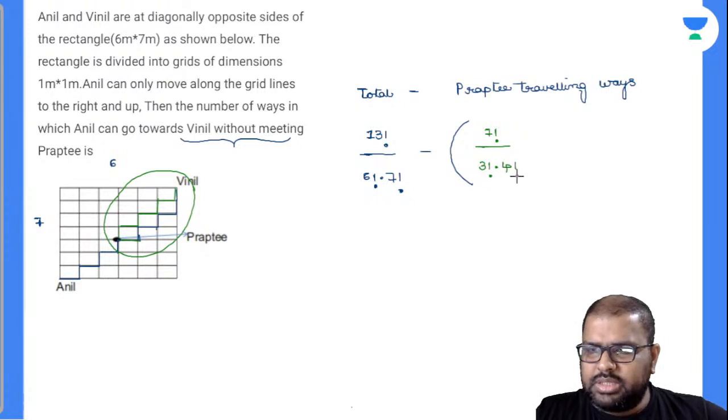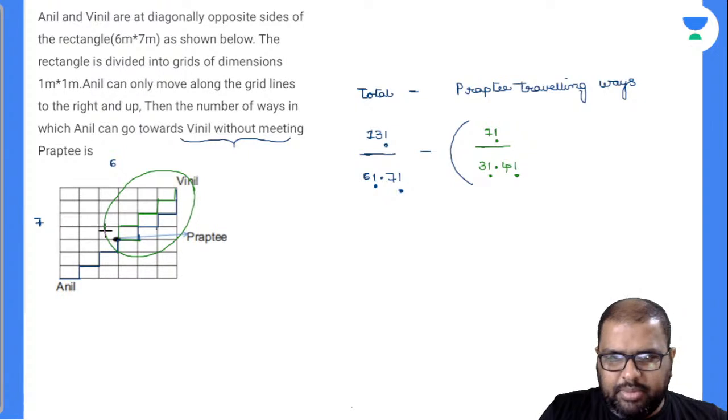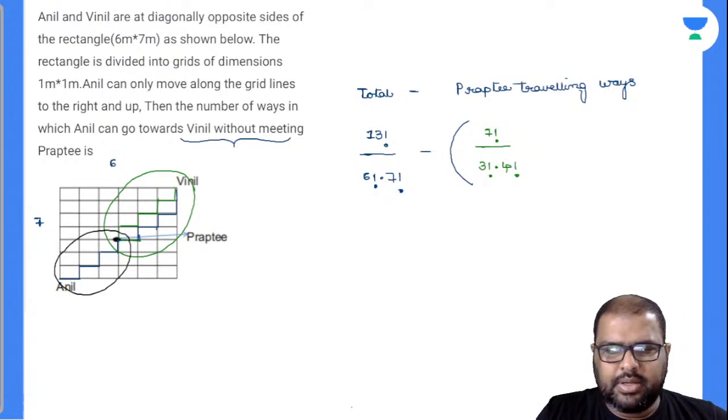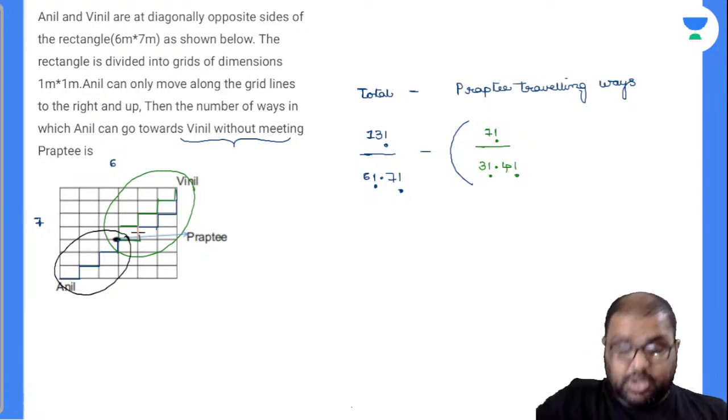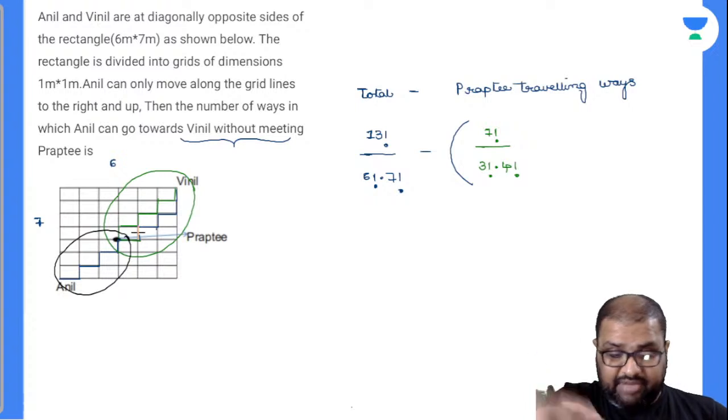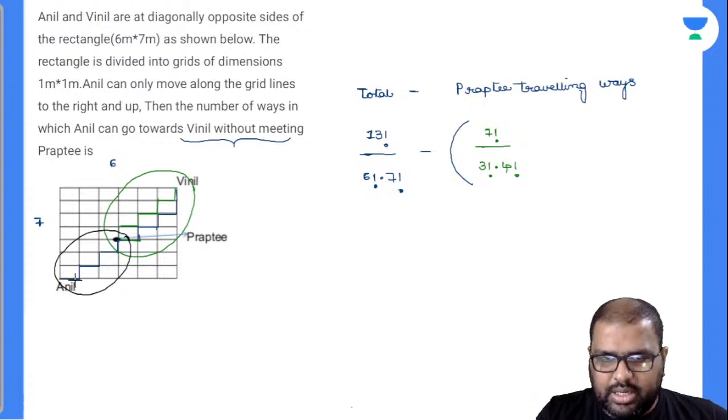Now, closely observe. I have to remove Prapti moving towards Anil this way also. This is Anil moving towards Prapti or Prapti moving towards Anil. This must also be avoided by Anil because Prapti is interfering in that way. So 1, 2, 3, 4, 5, 6.